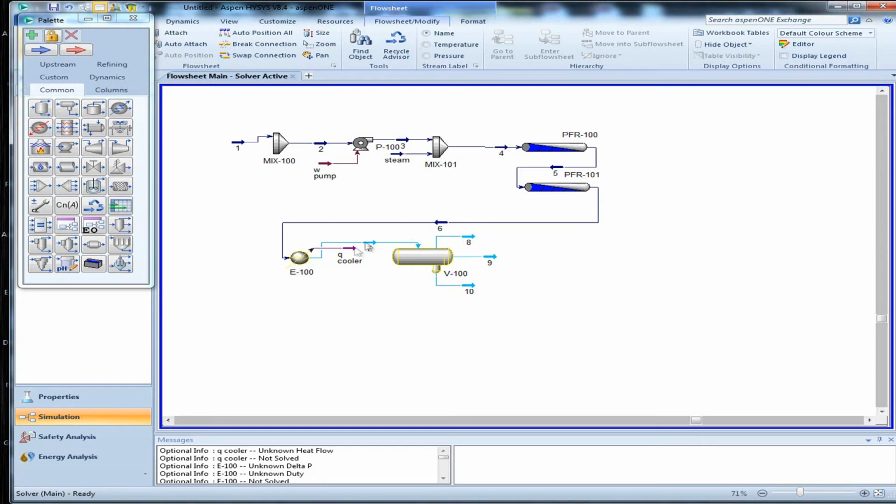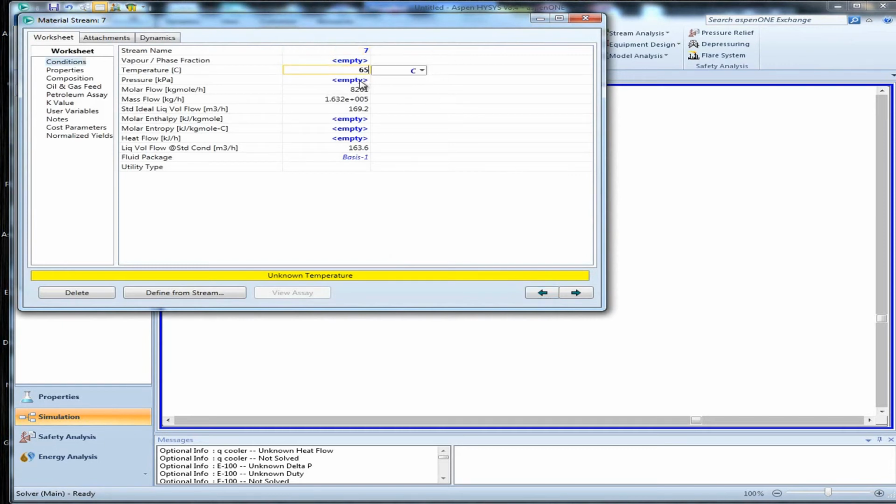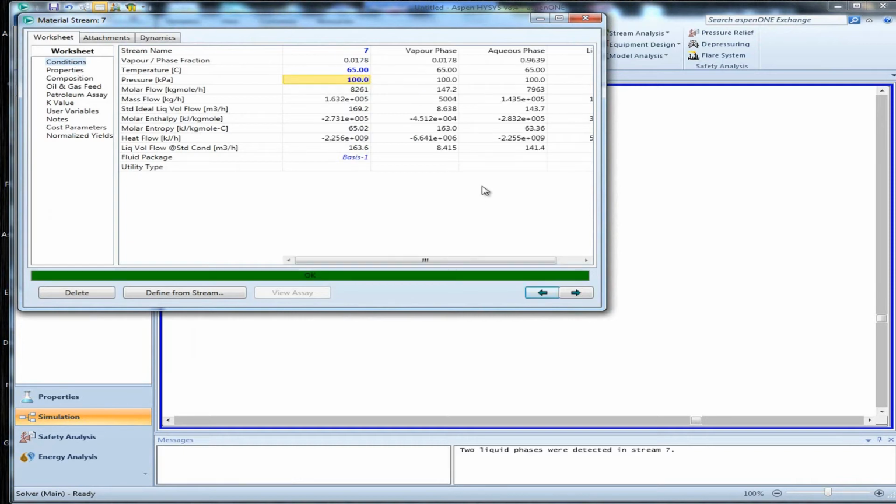So what I'm doing here is trying to decrease the temperature down to 65 degrees and 100 kilopascal. I just want this condition to do some separation here, with about 2% of vapor.